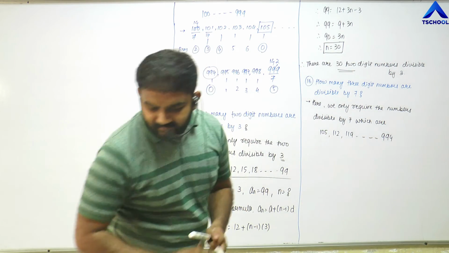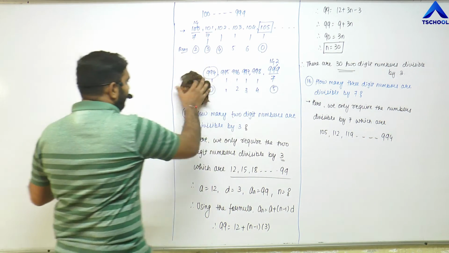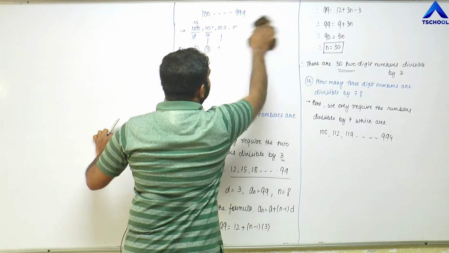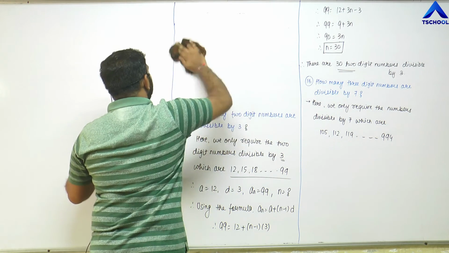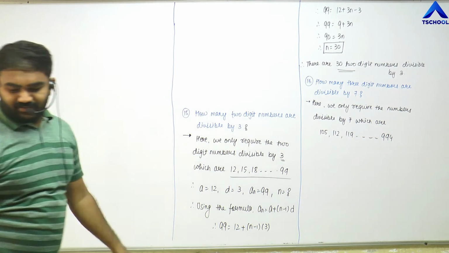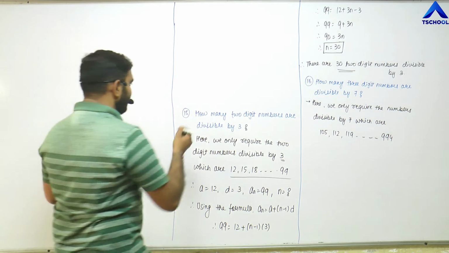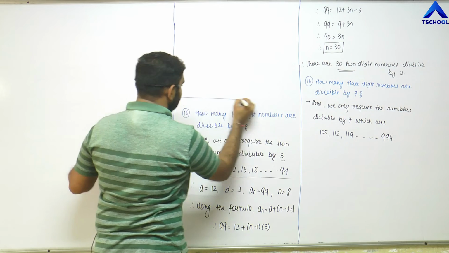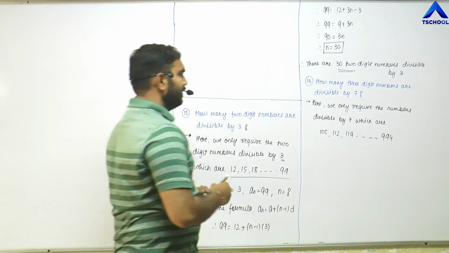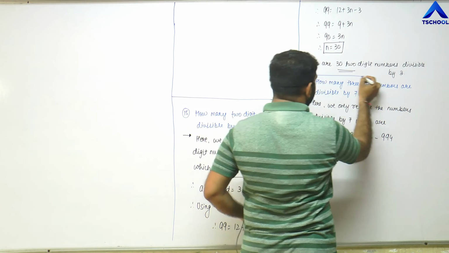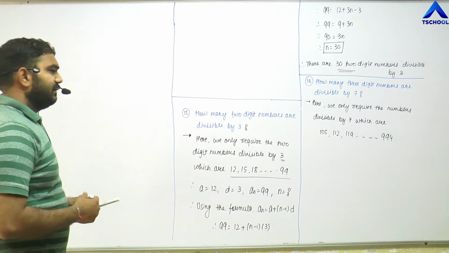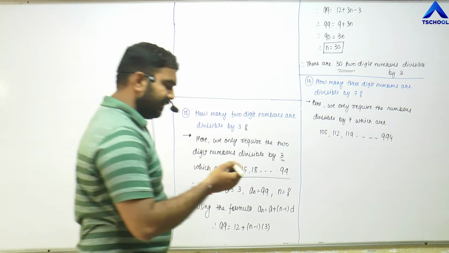So the last number will be 994, right? I have already solved this question myself, so I know which number will be last. You need to check it simply by dividing. You can simply get these results by dividing the numbers, such that they form an AP here, right? So we got the AP, that is 105, 112, 119 and up to 994.